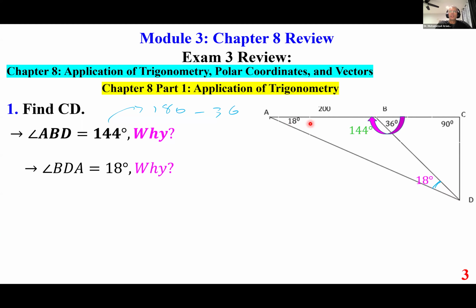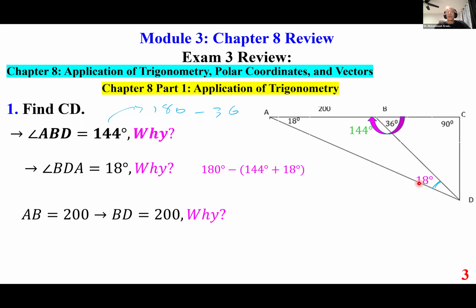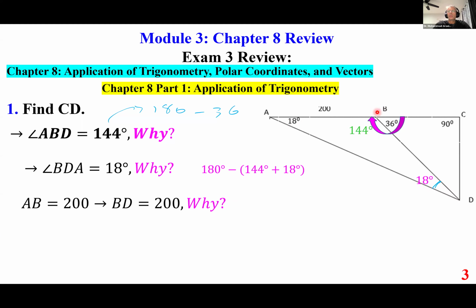So 180 minus the sum of these two gives you 18 degrees. Which means AB must be equal to BD must be equal to 200.